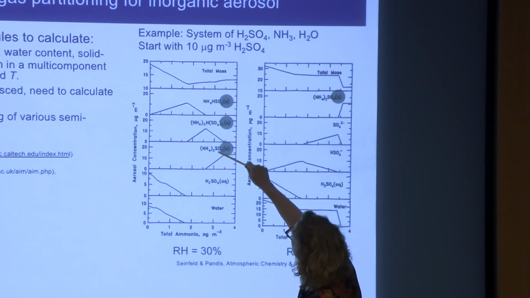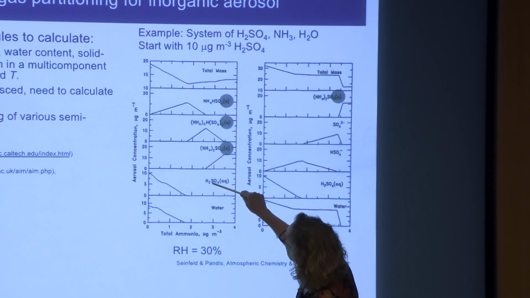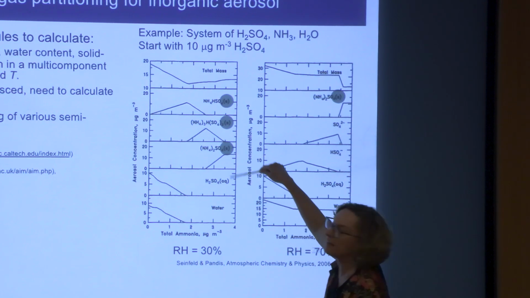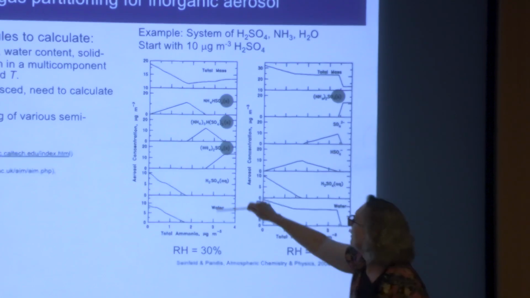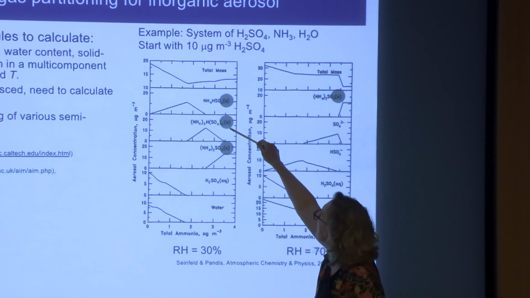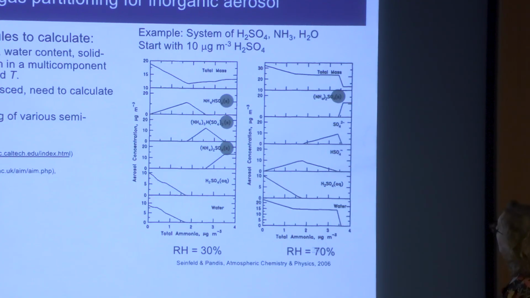And after a certain point, actually this point right here, after we lose the sulfuric acid, the water is gone. And so now we are looking at dry aerosol, right, on the right-hand side here. So no water anymore, and the different forms of ammonium sulfate right here, and it's all solid. So relative humidity of 30%.